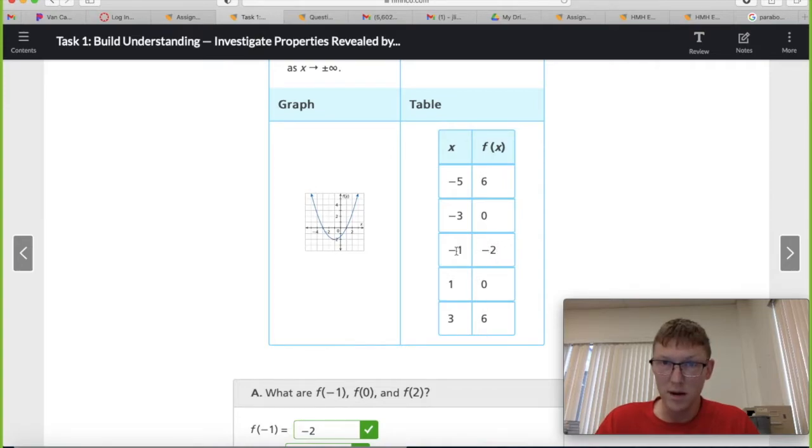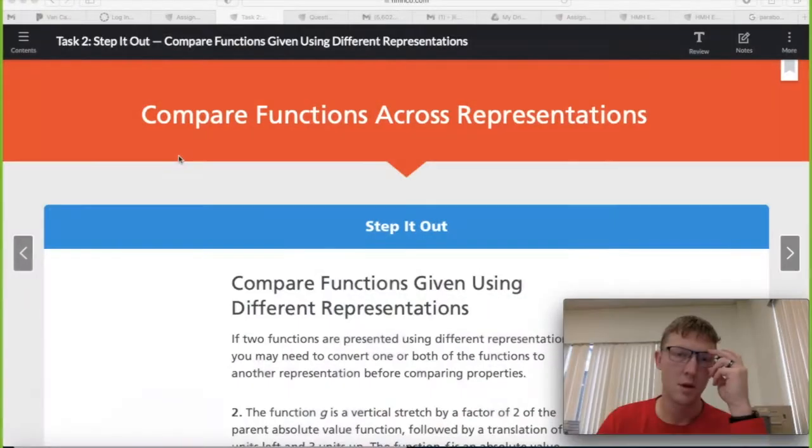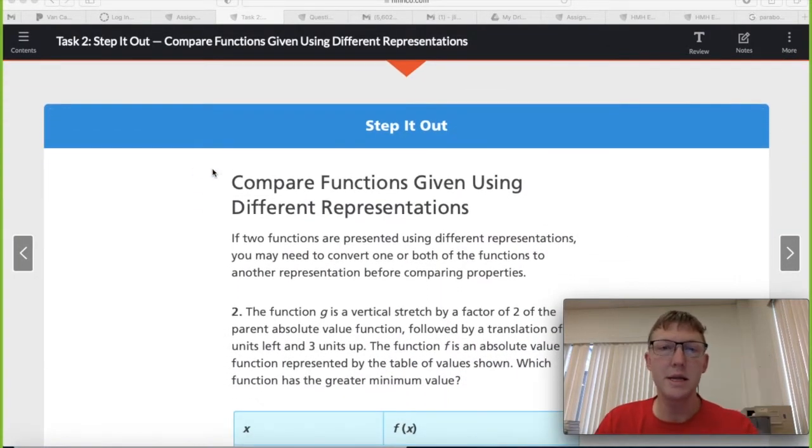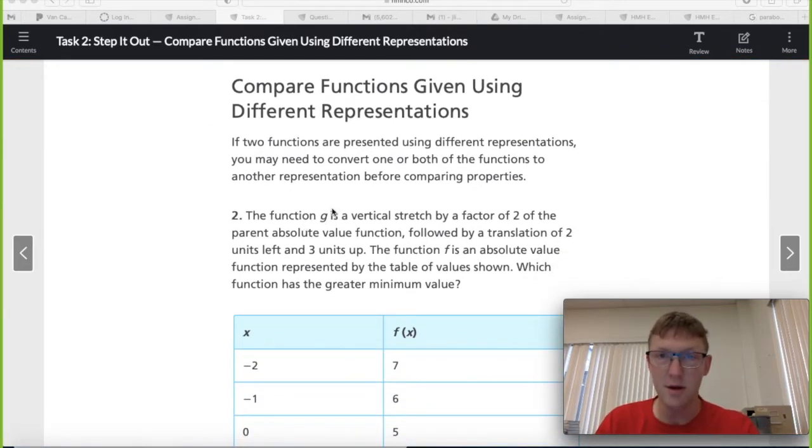So like -1, -2 is your vertex, and we have 0 and 6. So you can still kind of see that there's some symmetric values there. So you may need to convert from one to the other type of method of showing these things.